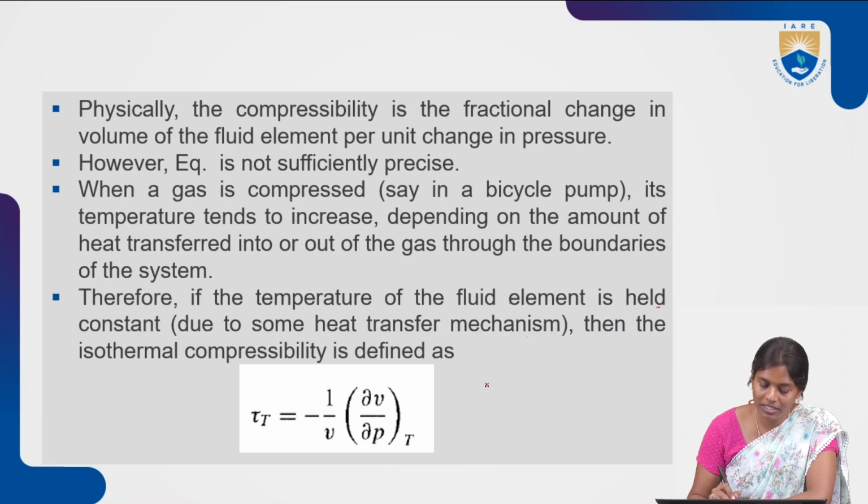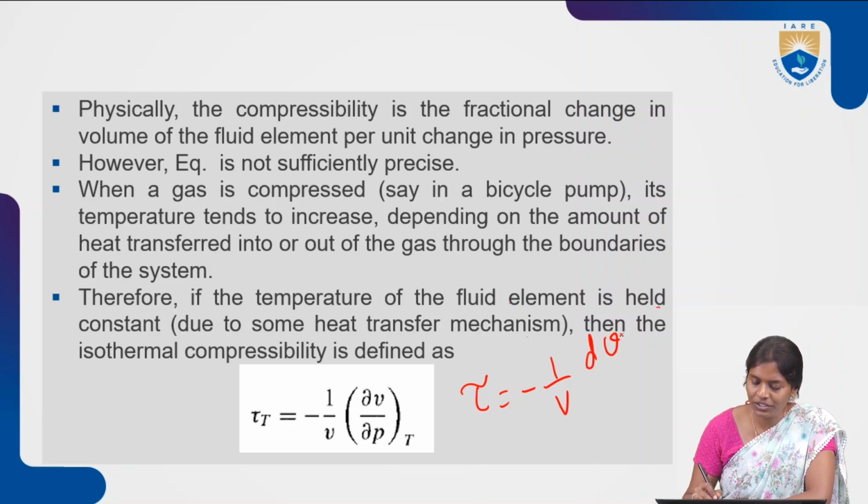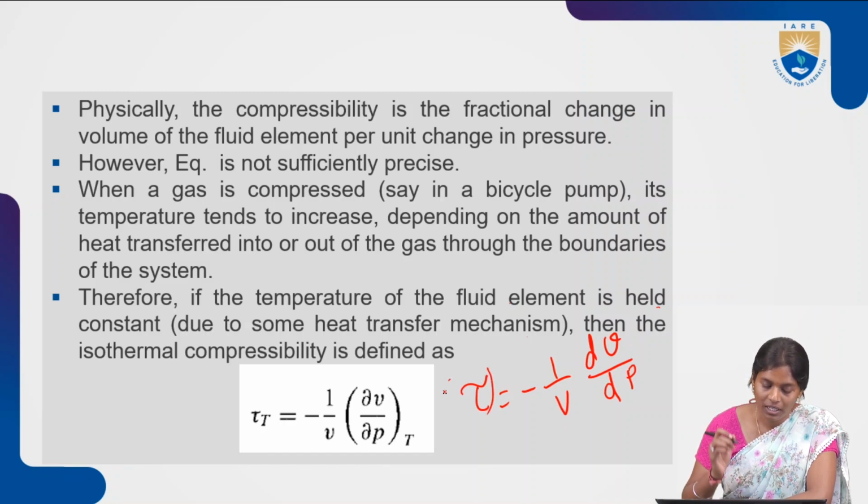So the previous formula is the fractional change in the volume of the fluid element per unit change in the pressure. When the gas is compressed, the temperature tends to increase, depending on how much heat transfer happens to or from the gas across the system boundaries.